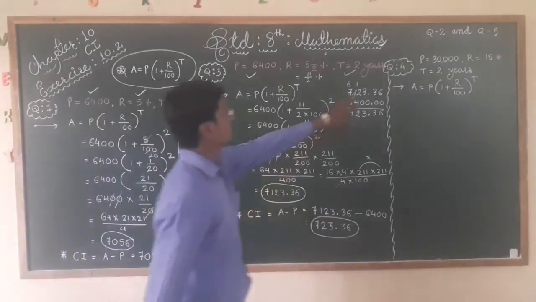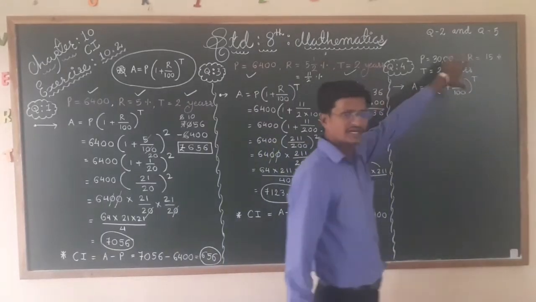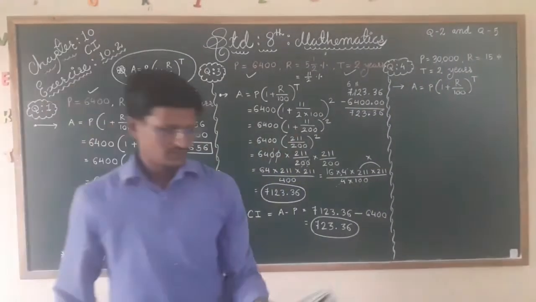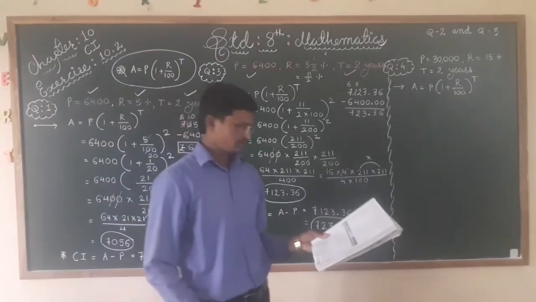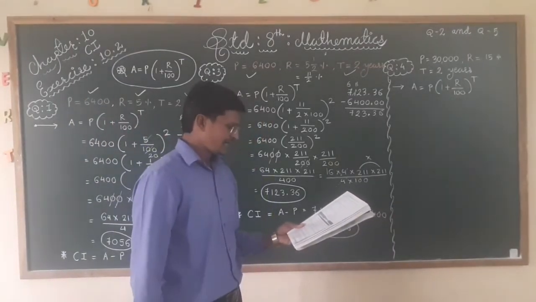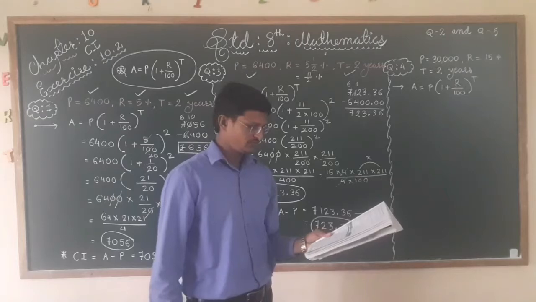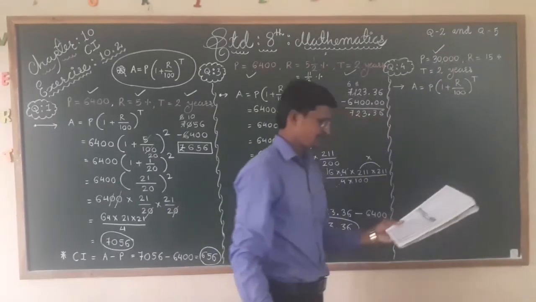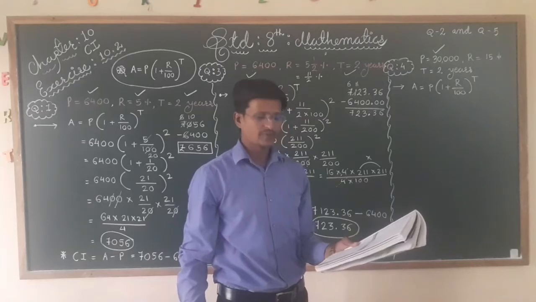So like this we can do question number 4 also, but here we don't want, if you see the question number 4 in the textbook, I took a loan of rupees 30,000, it is mentioned 30,000 from a finance company.